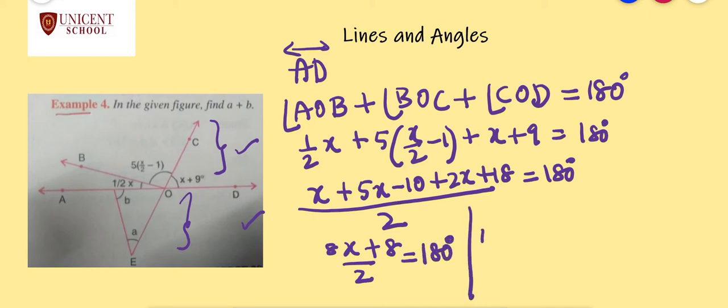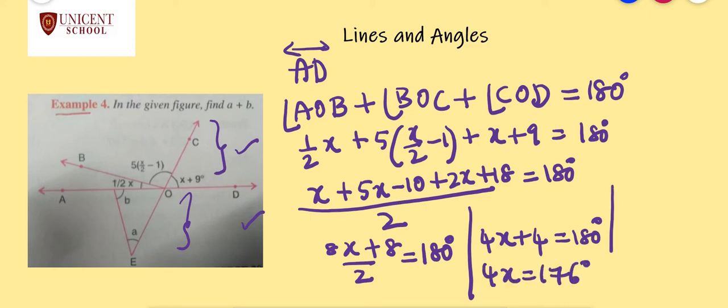And LHS on simplification, 4x plus 4 equals 180 degrees. And 4x equals 176 we get. Now x equals 176 divided by 4. So x value is 44 degrees.